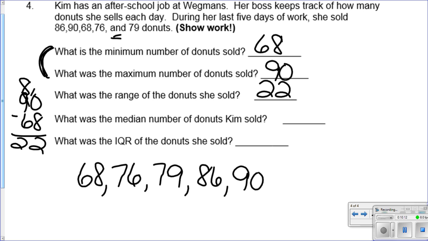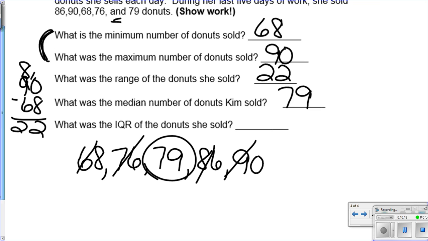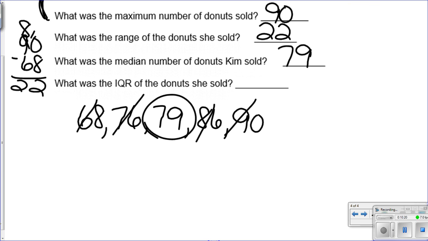Finding the median, 79. Now I need Q3 and Q1. Remember, you do not use the 79. You'll use the 76 and 68.